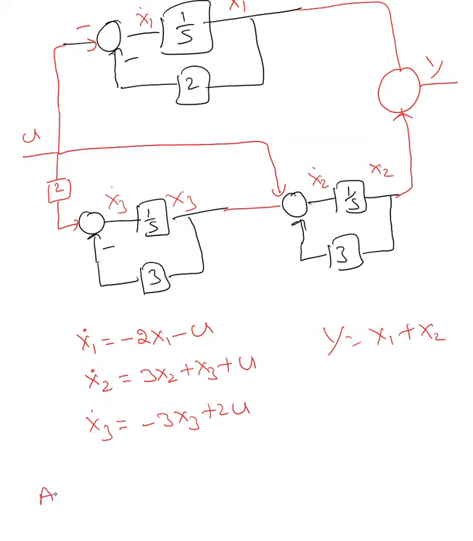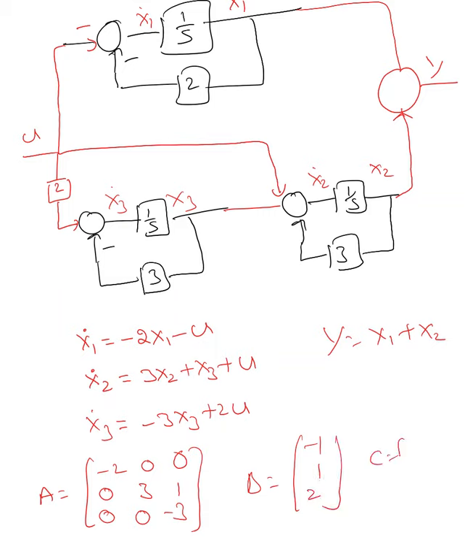So I end up with A equal to [-2 0 0; 0 -3 1; 0 0 -3], and B equal to [-1; 1; 2], and C equal to [1 1 0], and D equal to 0. There is no D in this.